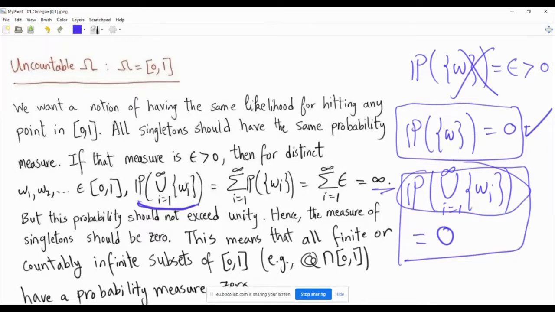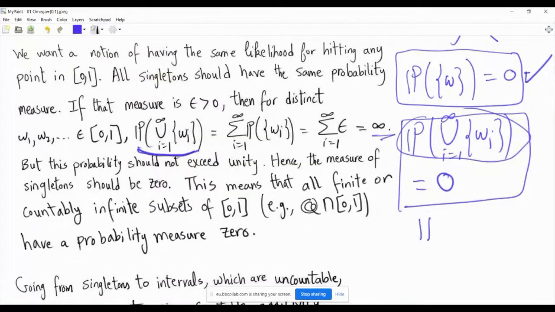Last lecture, someone asked this question: does this mean that the probability of big omega is 0? If we assign to the singletons the probability 0, is this statement true? So let's try to write big omega in terms of the singletons.